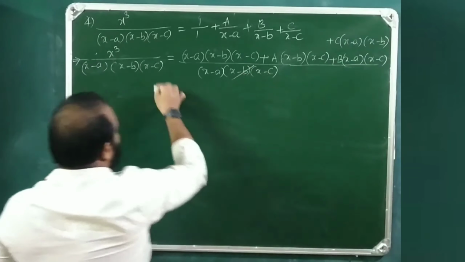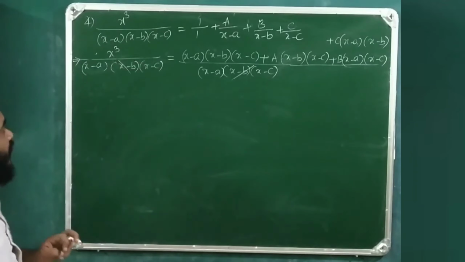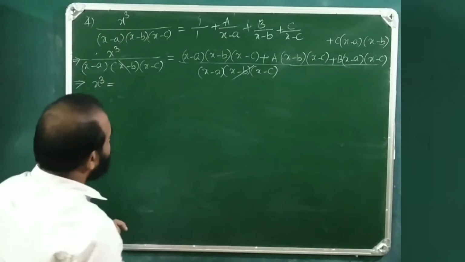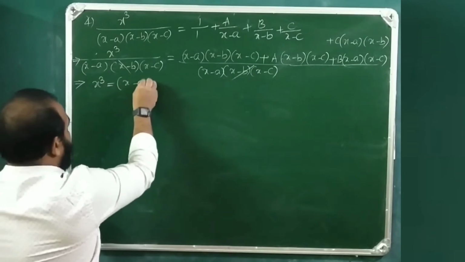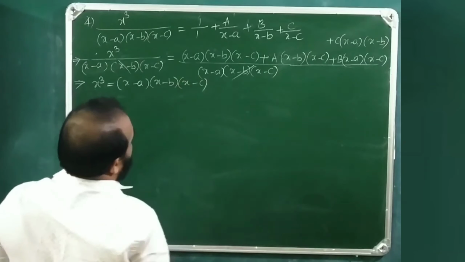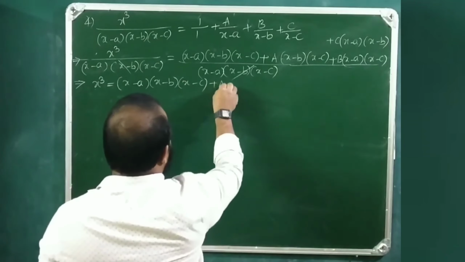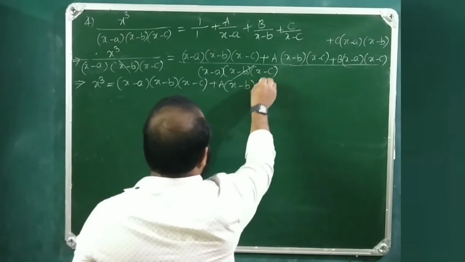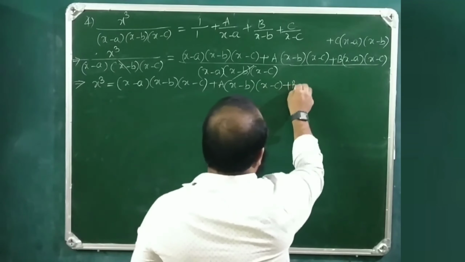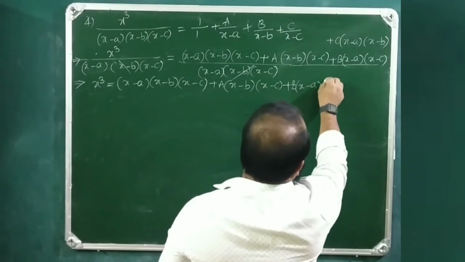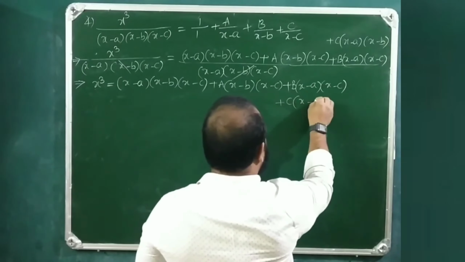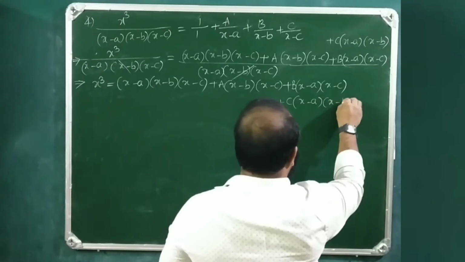So these two terms on both sides get cancelled. We are left with x cube equals (x minus a)(x minus b)(x minus c) plus a into (x minus b)(x minus c) plus b into (x minus a)(x minus c) plus c into (x minus a)(x minus b).